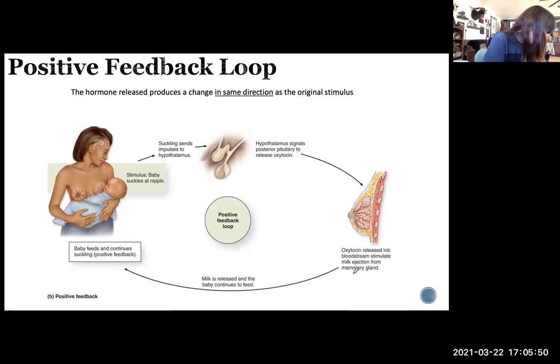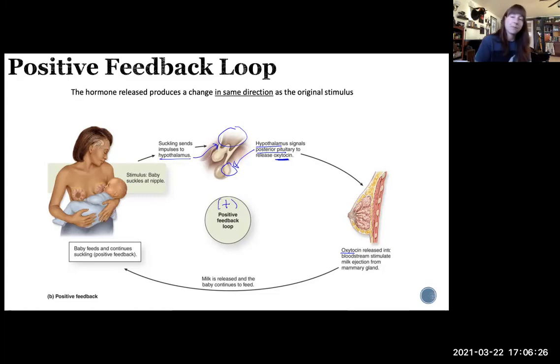So we are sending a signal to the hypothalamus. The hypothalamus signals the posterior pituitary to release oxytocin. Oxytocin gets released into the bloodstream. And when it reaches the cells of mammary glands, it stimulates them to eject milk. That milk released reaches the baby, and then the baby is happy, and then it keeps suckling, right? And then we just keep going round and round and round.